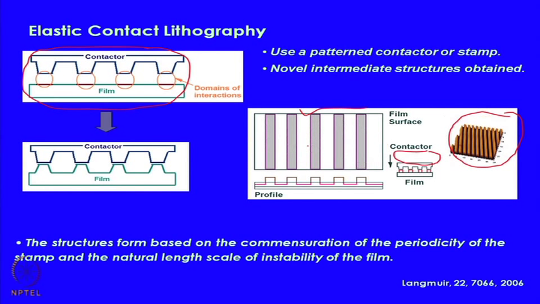Therefore, more number of columns appear, and eventually one gets to a positive replica of the stamp. So, the question to ask is, looking at this type of a structure, how does one ascertain whether it is a positive or negative replica? Because the problem is that the duty ratio is 1 here. Okay.